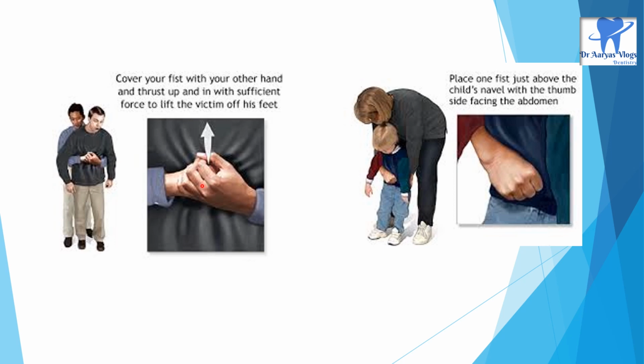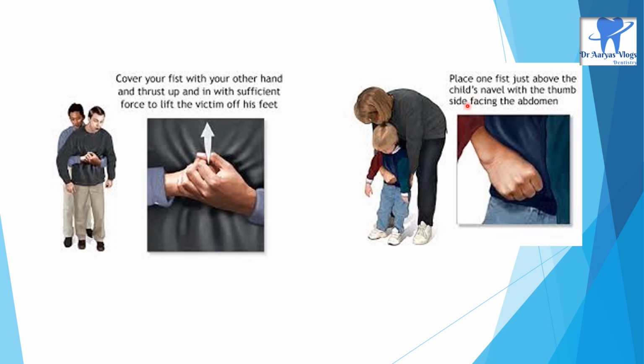Grasp your fist with your other hand and press your fist into the victim's abdomen with a quick, forceful upward thrust. Repeat thrusts until the object is expelled from the airway or the victim becomes unresponsive. Cover your fist with your other hand and thrust up and in with sufficient force to lift the victim off his feet.